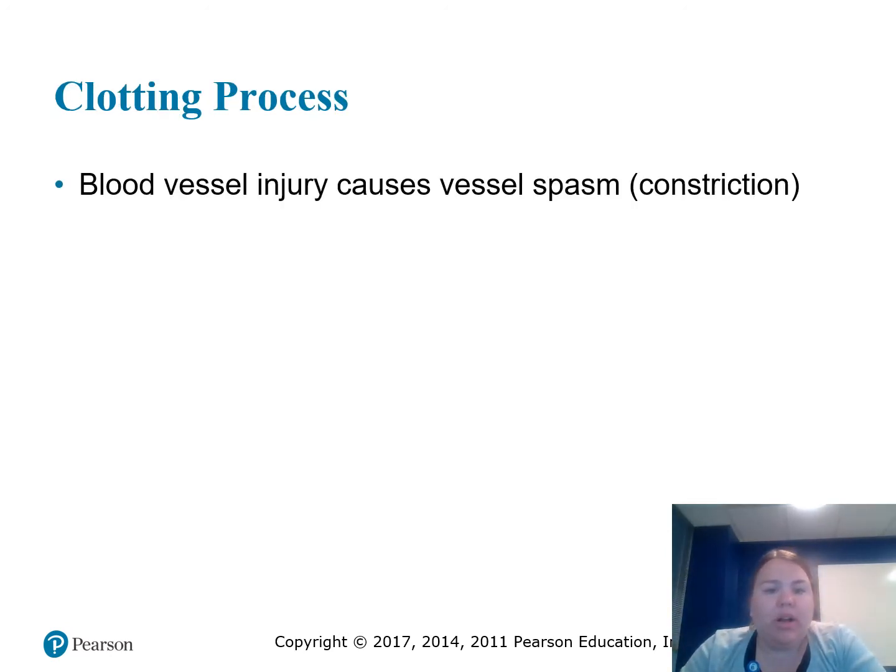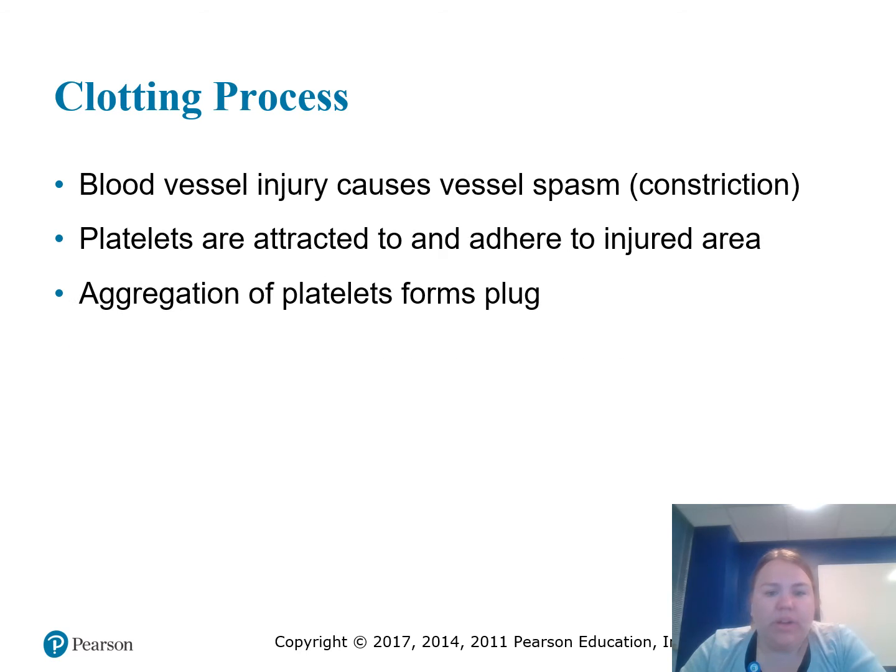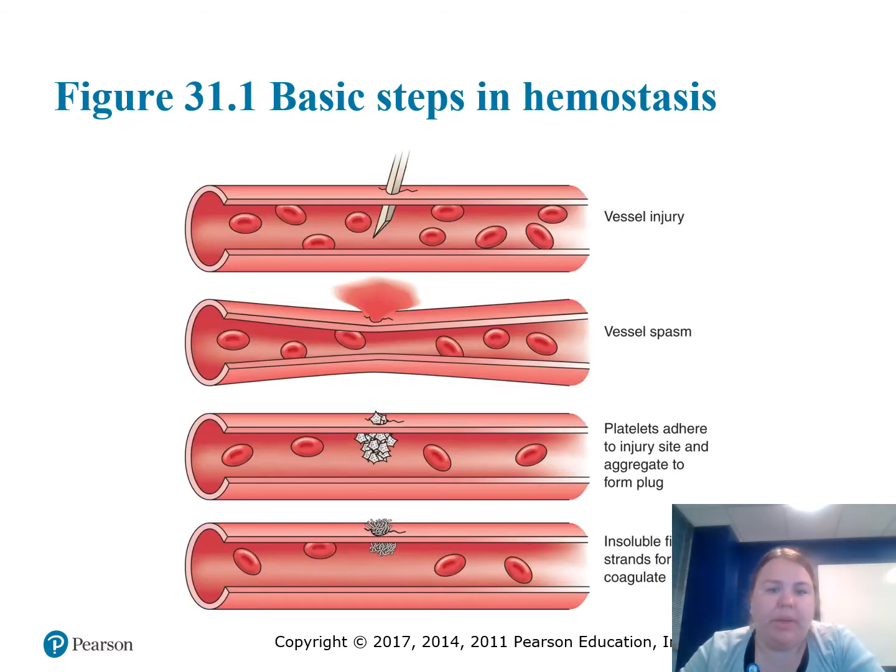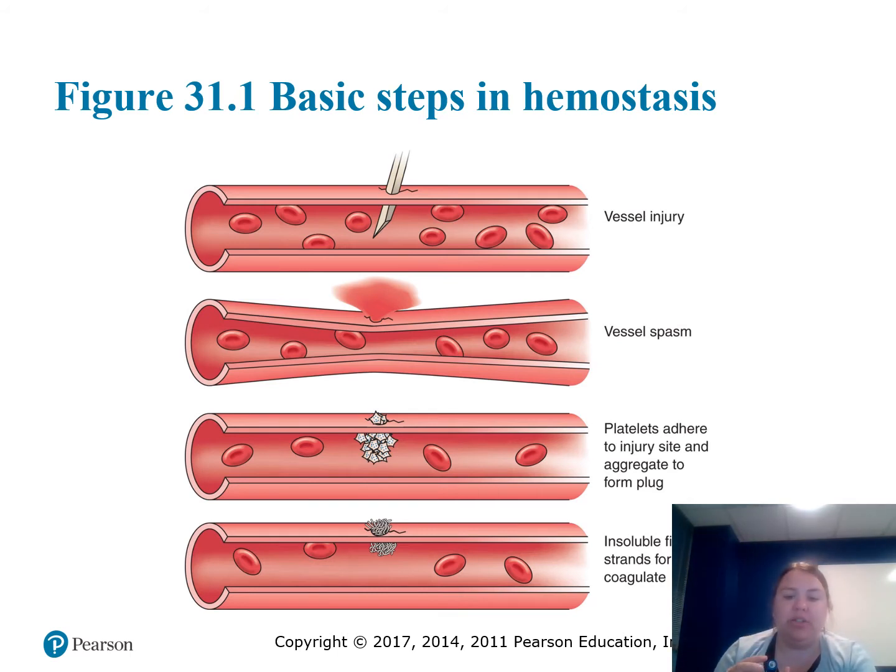So the clotting process, and we're going to go right over here. First, let's say there's a vessel injury, right? Then the vessel's going to start contracting and there's a spasm. Now the platelets come and adhere to that injury site, and then they aggregate to form a plug. Then insoluble fibrin strands are formed, and they coagulate.